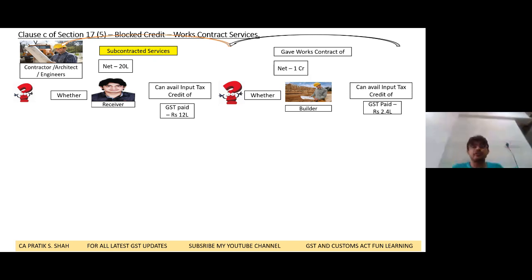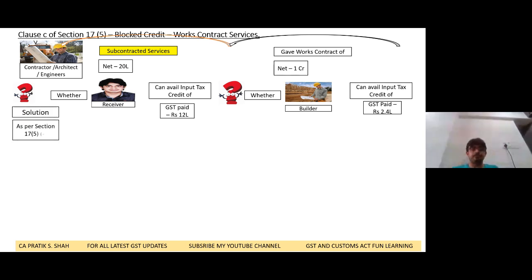So there are two questions. First, I gave you the contract and you subcontracted. There is one contract between contractor and subcontractor, where you paid GST of 2 lakh 40. There is a second contract between you and me. I'm a cost accountant, chartered accountant, so I'm not a builder. You raised an invoice on me and I paid GST of 12 lakh. Who can avail ITC, and who cannot?